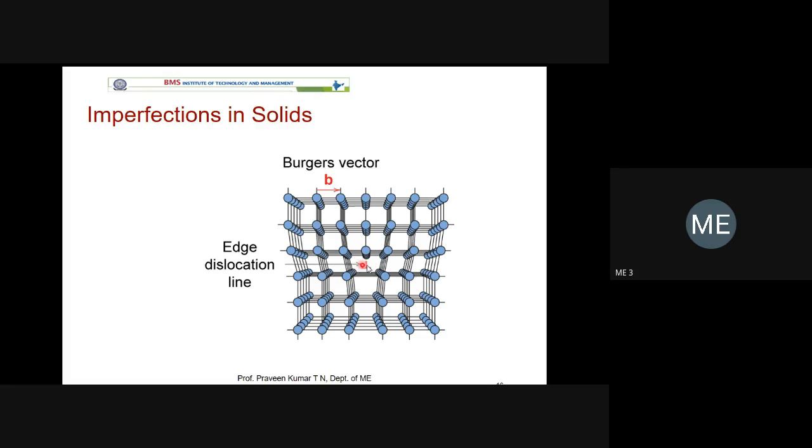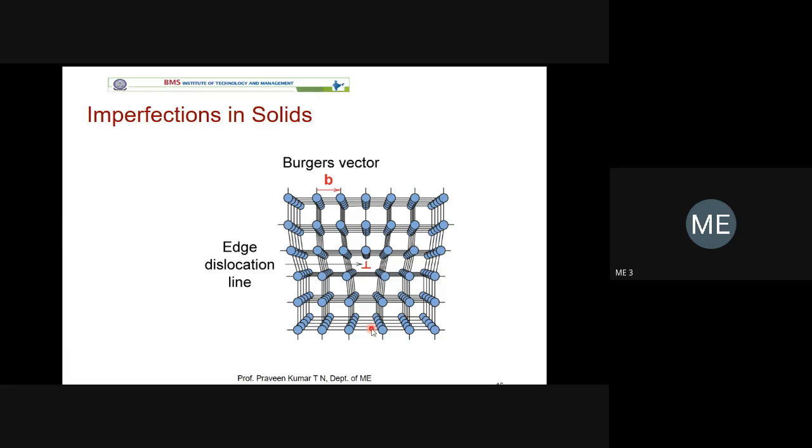This is represented by this line because only at the top there is a plane of atoms, at the bottom there is no plane of atoms, hence it is represented by an inverted T. So inverted T is nothing but edge dislocation. Only in the upper half there is one plane of atoms, the lower half is missing. When a half plane of atoms is missing, such types of defects are referred to as edge dislocation.